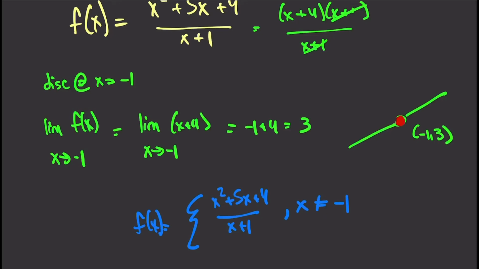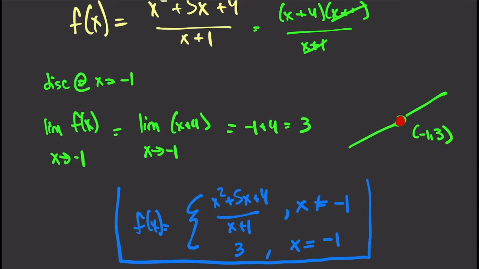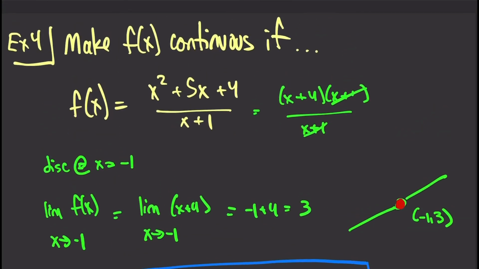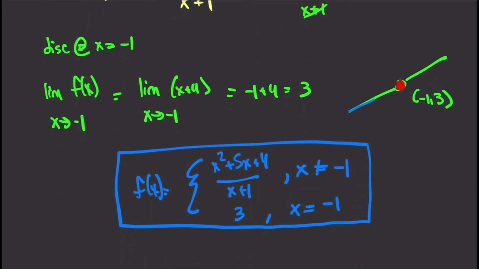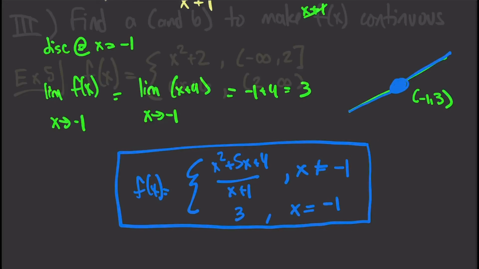So the limit was 3, and that's going to exist when x equals -1. So here's the piecewise function that'll create a continuous function from our original. It takes this, that's the top piece, and then we just plug that. So now we have a continuous pencil stroke and a continuous function.